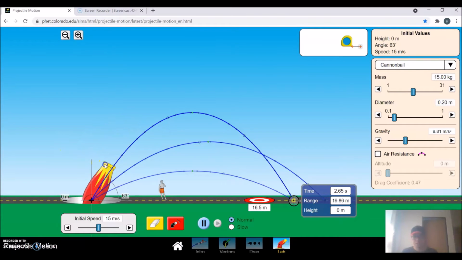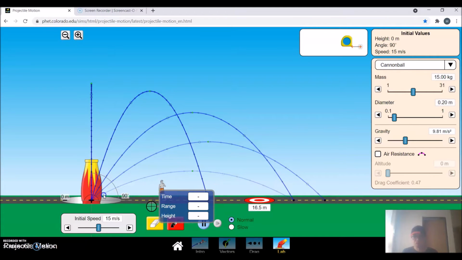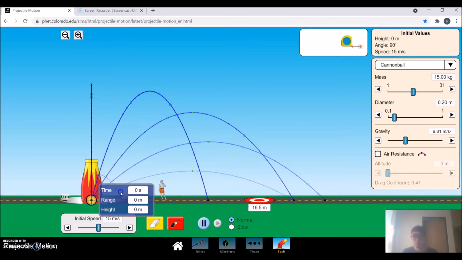Then 75 degrees. 11.47. Then test for the 90 degree. At 90 degrees there is no range, the range is 0.